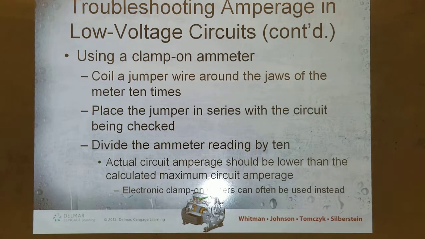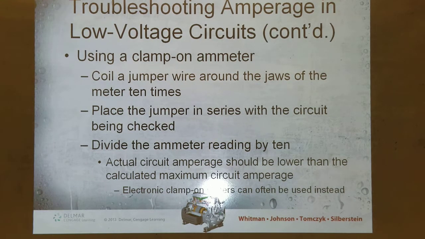Okay, the same way you're gonna coil a conductor around the jaws of a clamp meter, an amp clamp on, and it's gonna intensify the reading that is going through that wire. Alright, check it out.